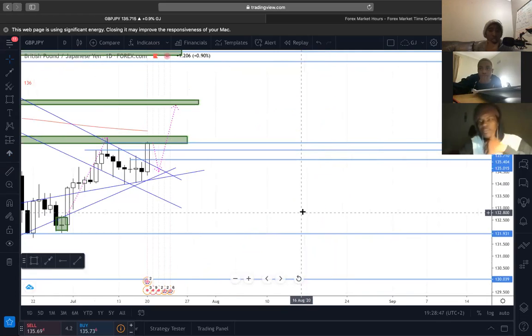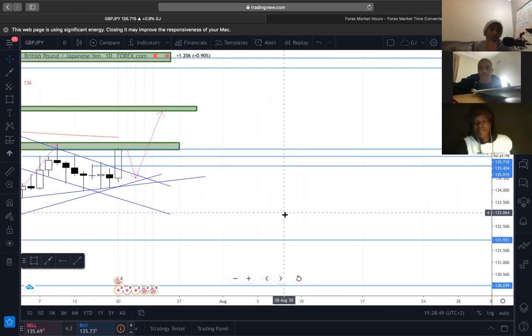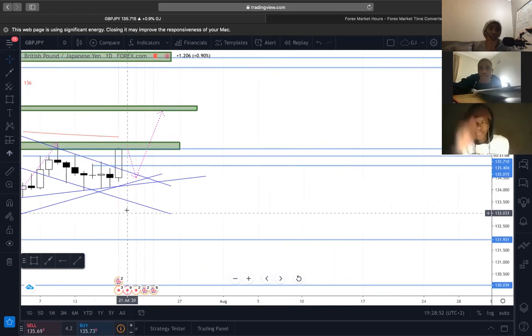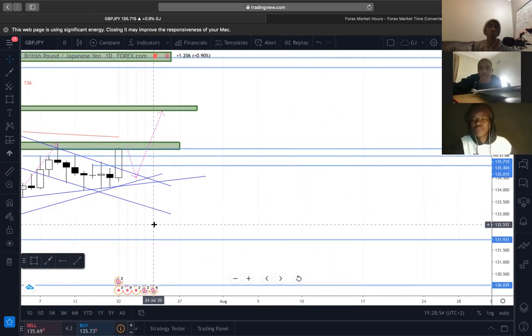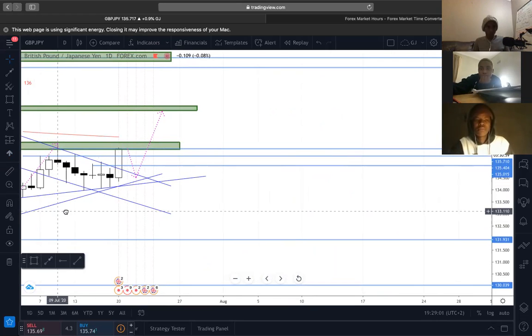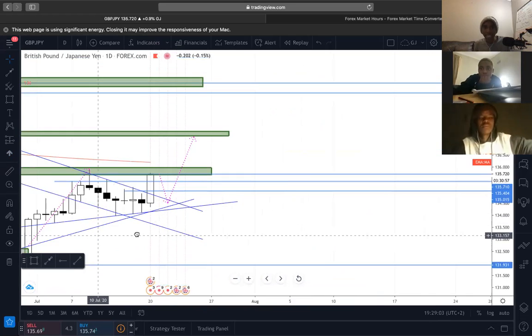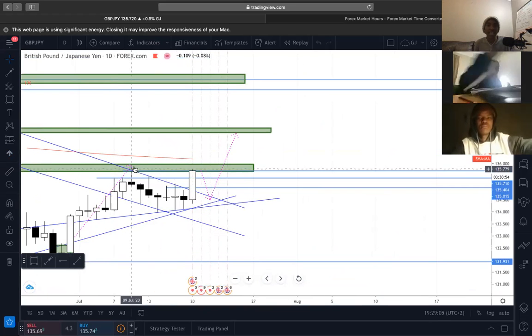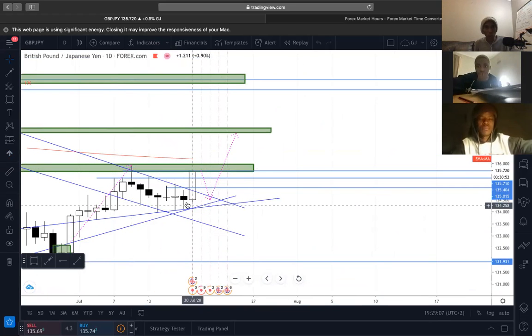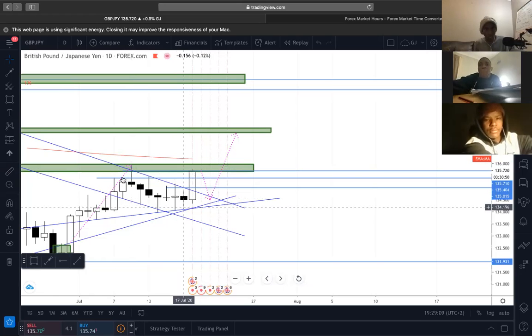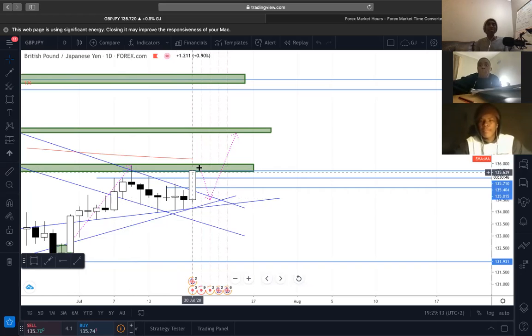Then we have news this whole week. News every day this whole week. 1, 2, 3, 4, we have news the whole time. So what I anticipate will happen is that since we have filled this range that we created by moving down, we now need to come down a bit and just hold off on the buys.